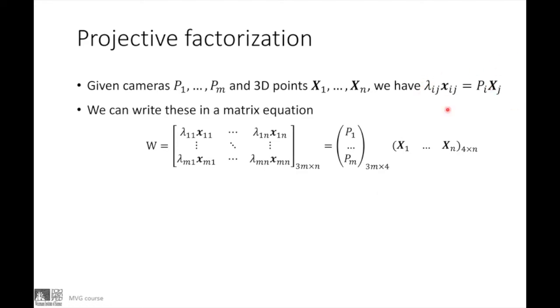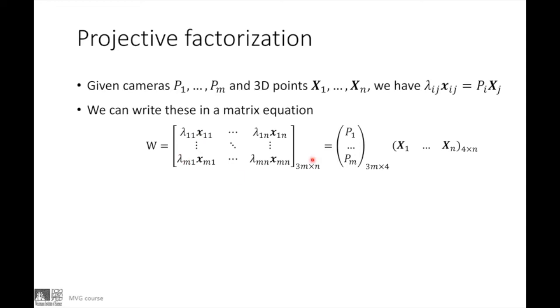Let's take this equation, the projection equation, and write it as a matrix equation. Okay, so the left-hand side is a matrix, lambda ij times xij. It's a 3m by n matrix because every term, lambda ij times xij, is a vector of length 3, in homogeneous coordinates.